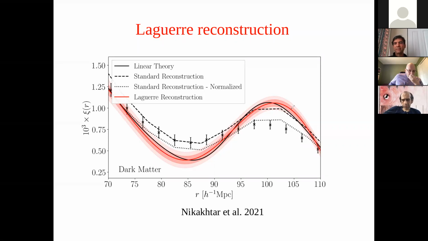So that's the pink stuff with the bands. Okay, and these bands are coming directly from when you fit something with error bars, you get a best fit band, and that band, when you reconstruct, becomes this other band. Okay. The black is the actual linear theory shape.